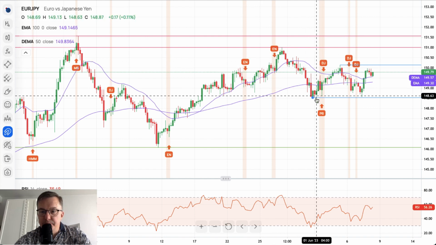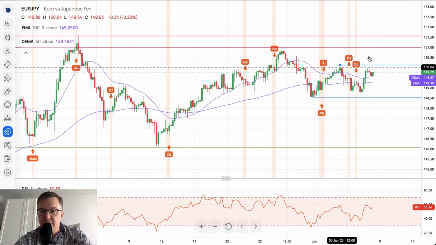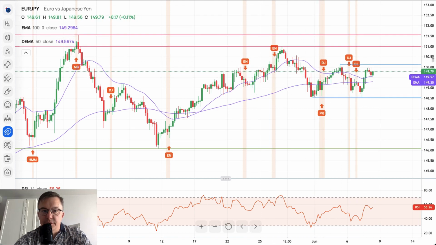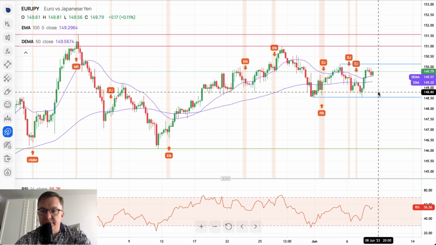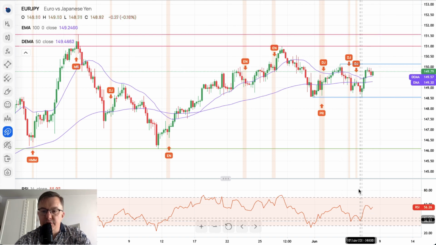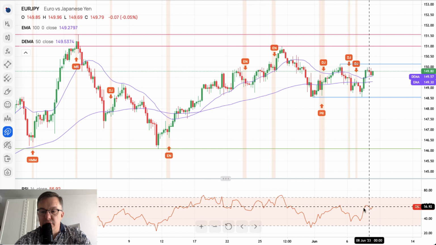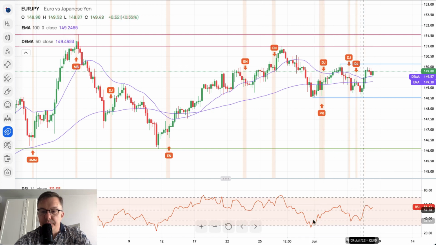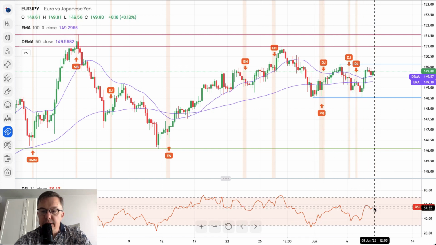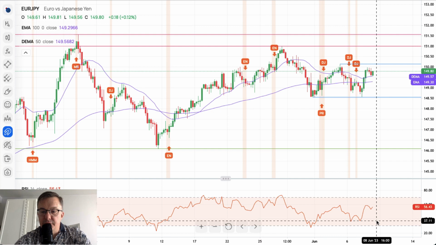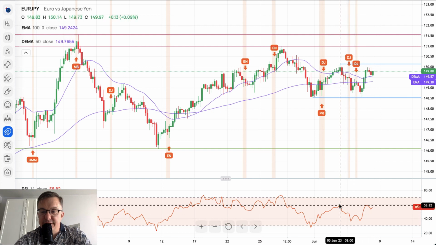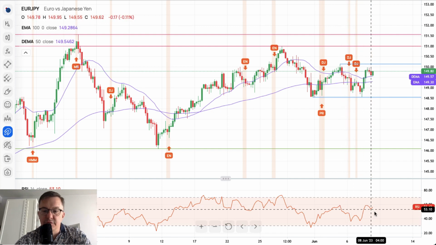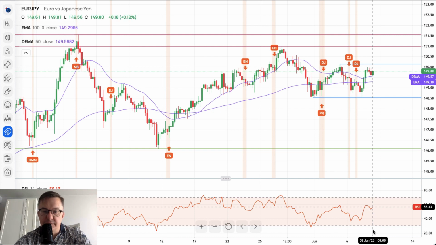We got this big move to the downside, and now we are locked inside some sort of horizontal range. Momentum is again neutral, bouncing from the level of 40, then it's going to 60, then it's going down again. So it's not even going towards extremely overbought or oversold market conditions.